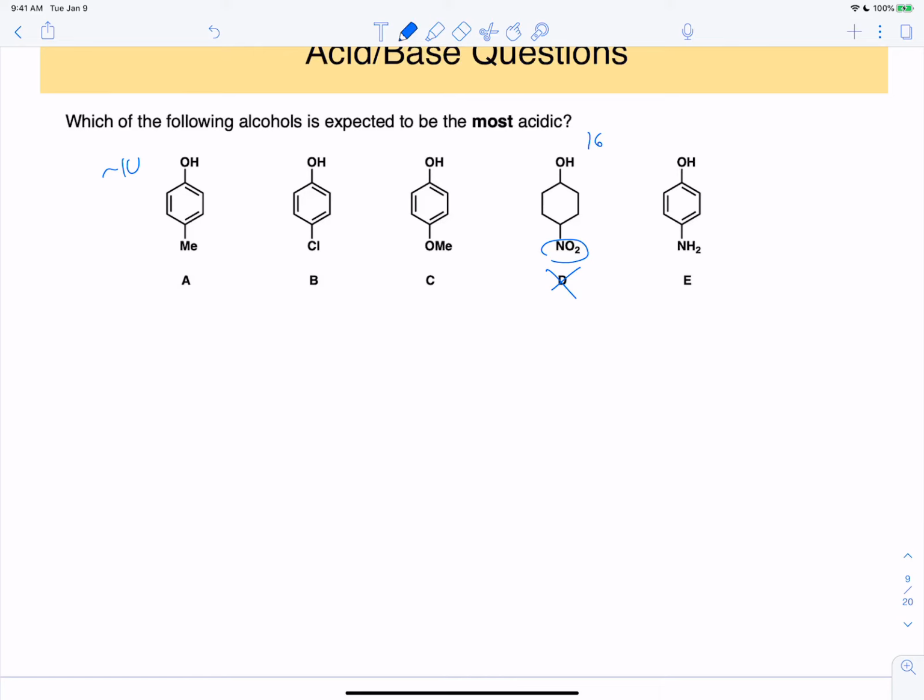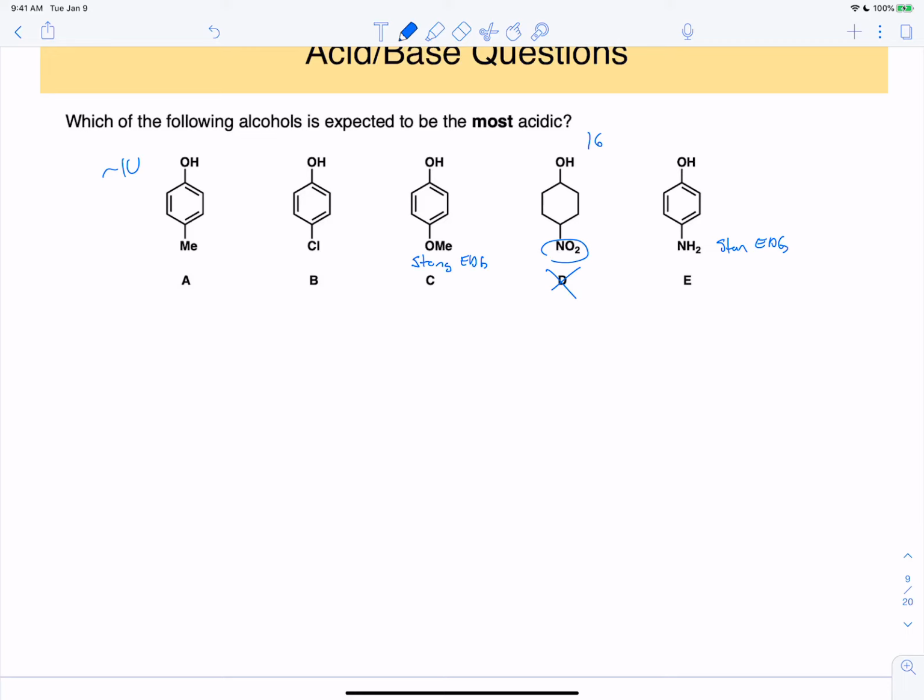So then we're going to still use the same rationale as before. We still want to stabilize the phenolate conjugate base. To do that, we need electron withdrawing groups. The NH2 is a strong electron donating group, so that doesn't look good. The methoxy is also a strong electron donating group, not quite as strong as the amine. The chloride is electronegative, so this will have some inductive effects.